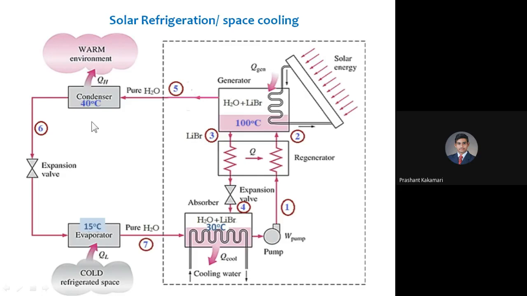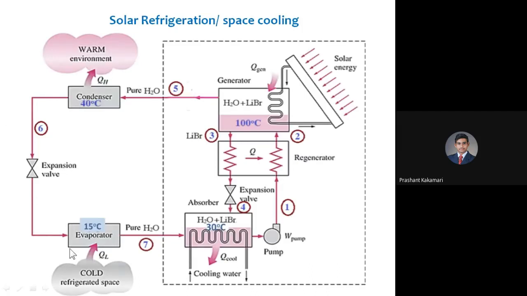Once this is done, you have to supply an expansion valve or a small diameter pipe of long length, so that the maximum pressure reduction and maximum temperature reduction can happen through the expansion valve, and again it will come back to the evaporator. So this is the cycle of the refrigeration unit or the space cooling system.